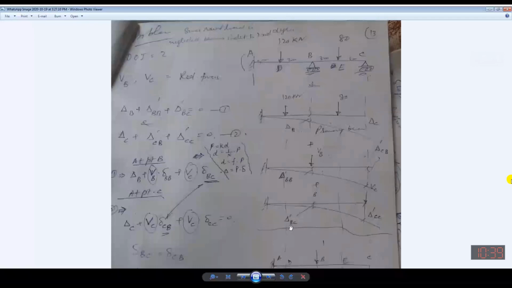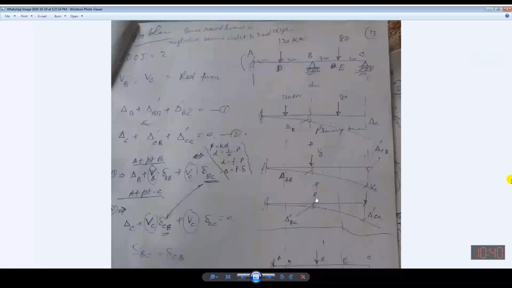Now, from the principle of mechanics, you can see this beam is in stable condition. It means there is no deflection. Whatsoever procedure has been adopted by breaking this beam into 3 parts, at this location delta B plus delta dash BB plus delta dash BC, the sum should be equal to 0.